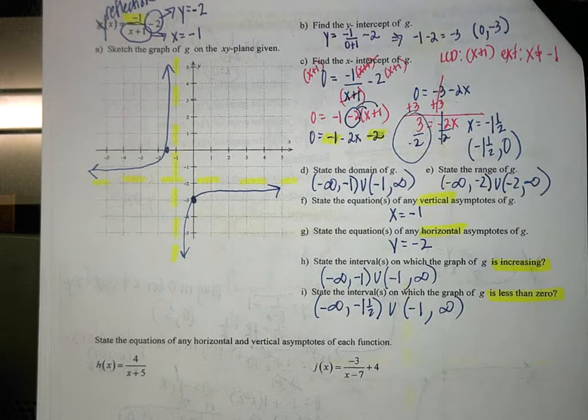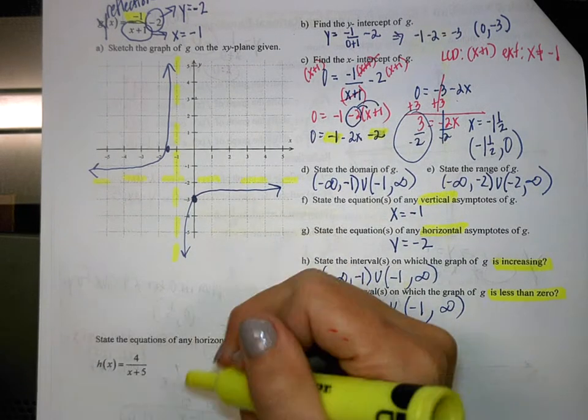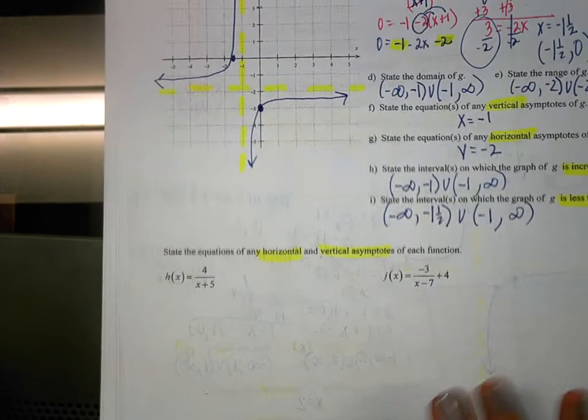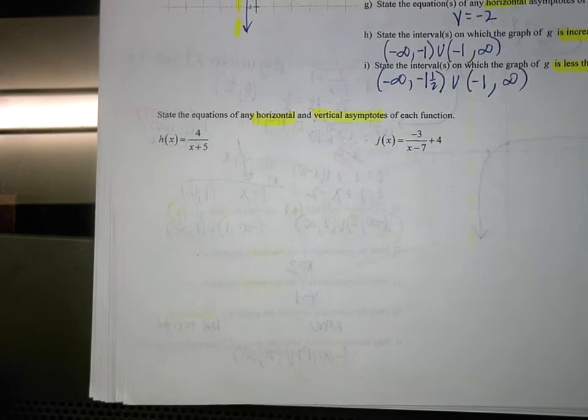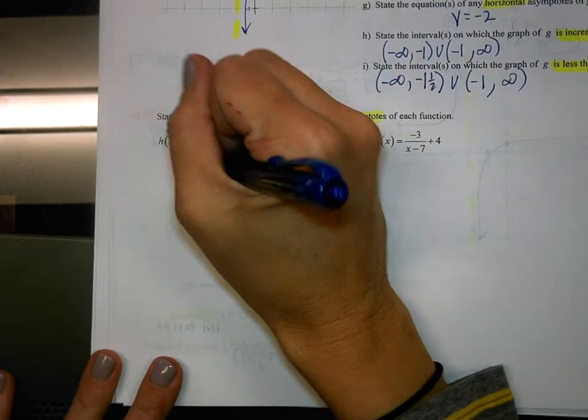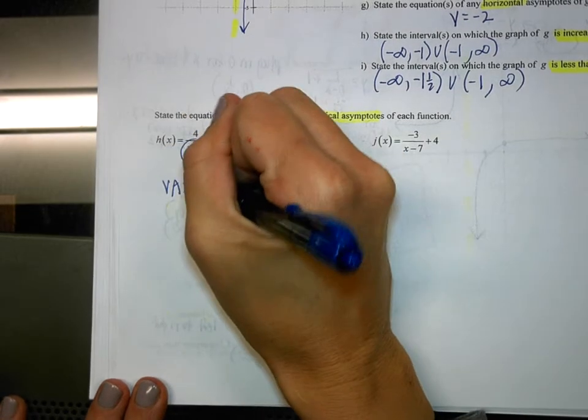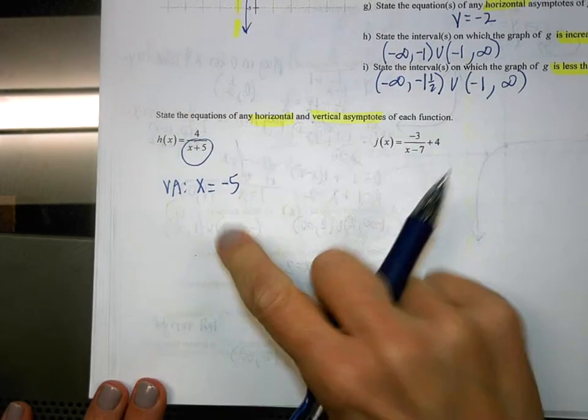Okay, state the equations for horizontal and vertical asymptotes. This should be pretty easy. Every single problem has horizontal and vertical asymptotes. Okay, what is my vertical asymptote? X equals negative 5. Make sure you write it as an equation.